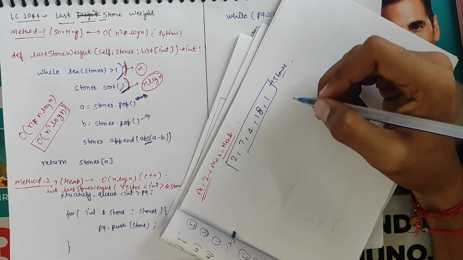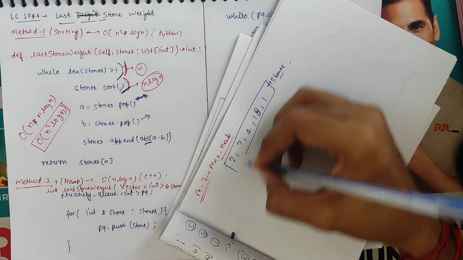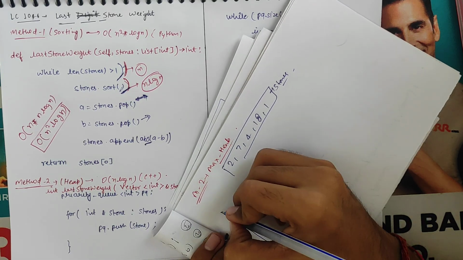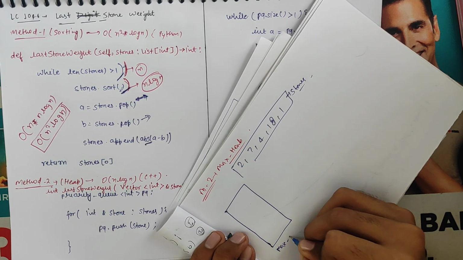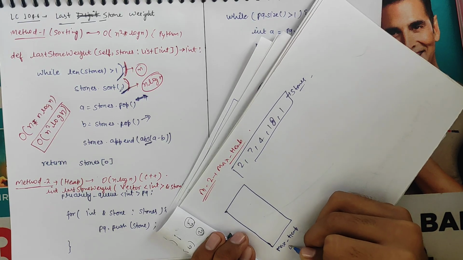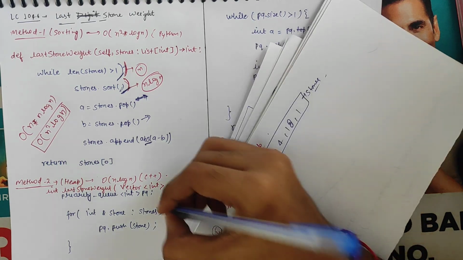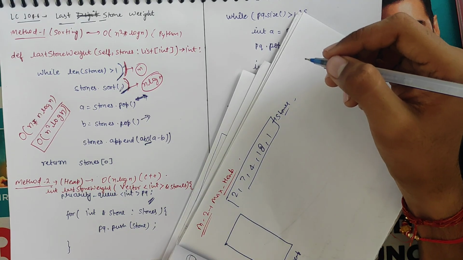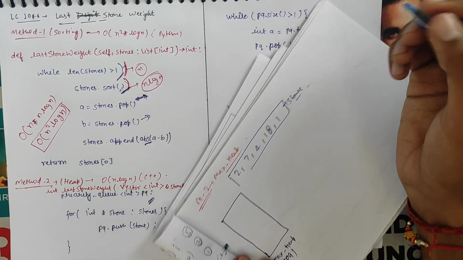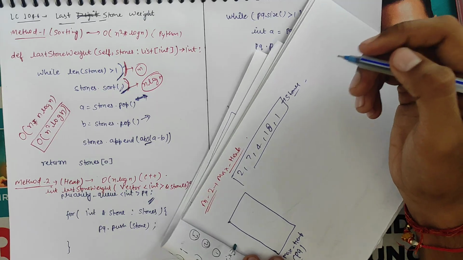Now we first initialize a max heap, which will be storing the weight of the elements. We have represented the max heap as PQ. We push every element into the max heap, right?